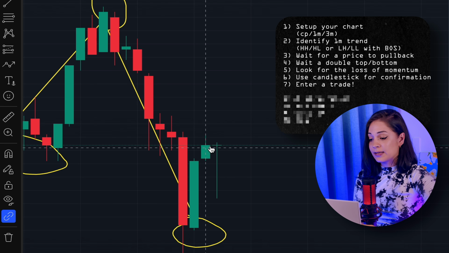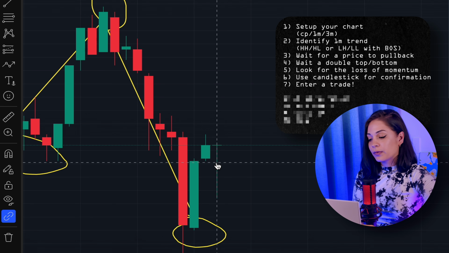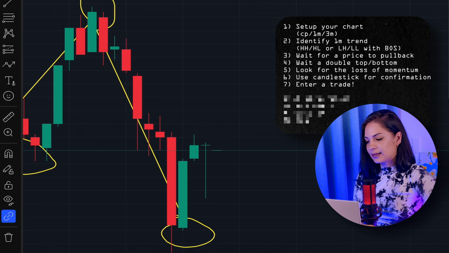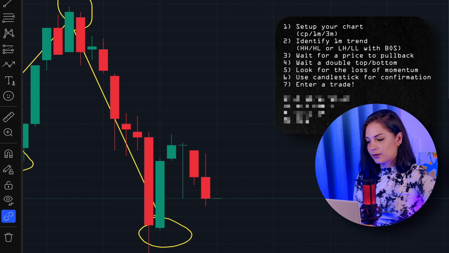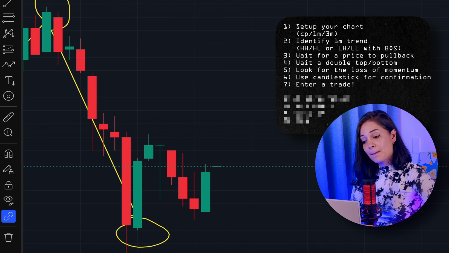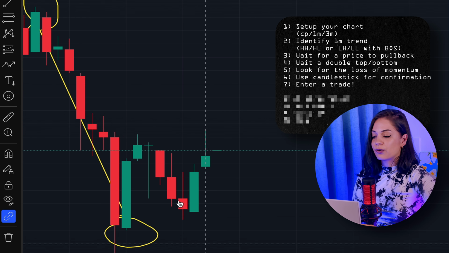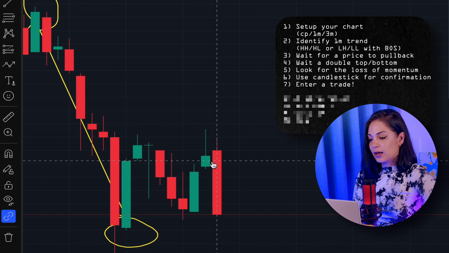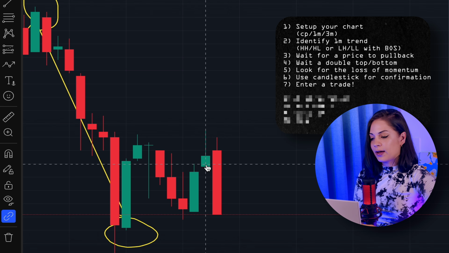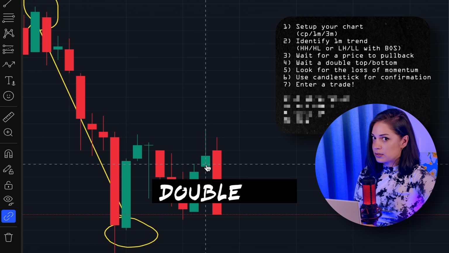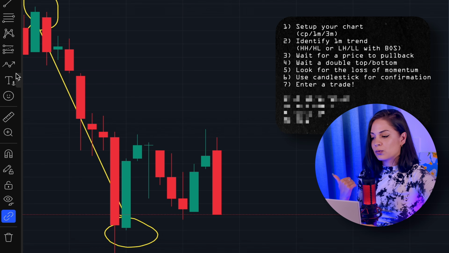We see that the price started moving upwards, and we found our first pullback. Then let's see what's going to happen with the price after. Price dropped again, but then it did the reversal and moved upwards. And right now we have our pattern, a double top in this case. So the previous one was a double bottom and this one is a double top.